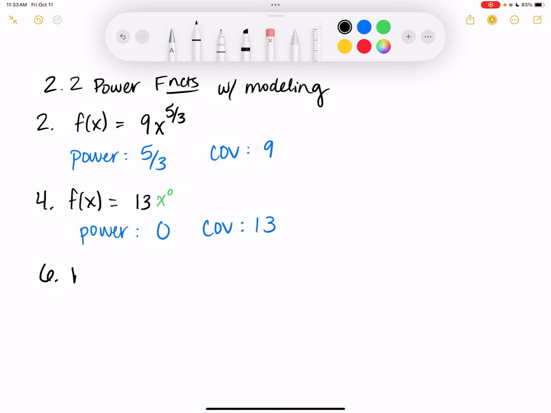6, KE of v equals 1/2 k v to the 5th. Is this a power function? What's the power? Constant of variation?